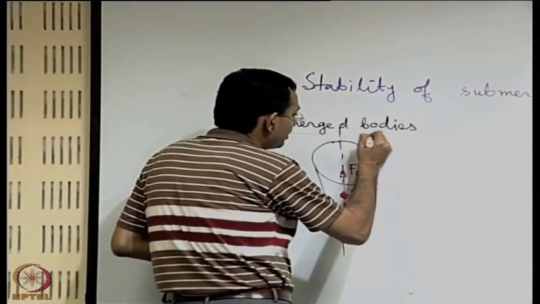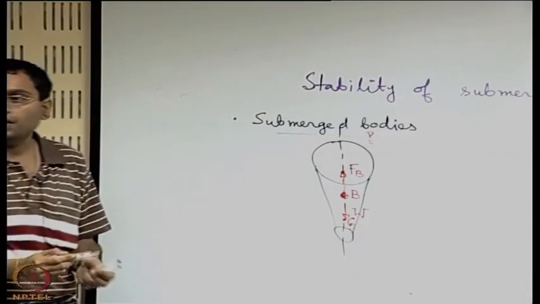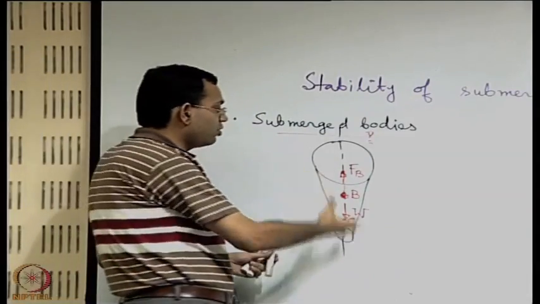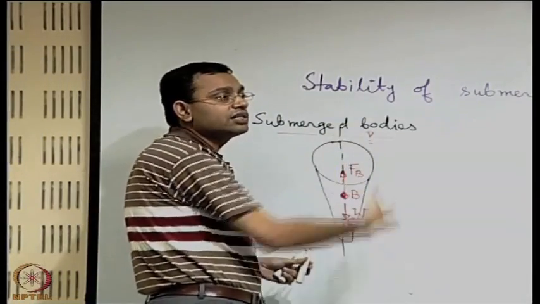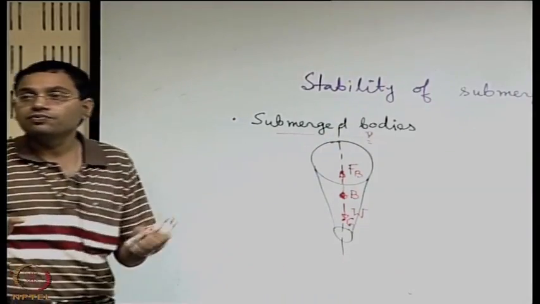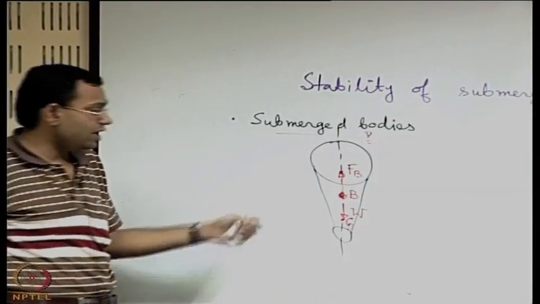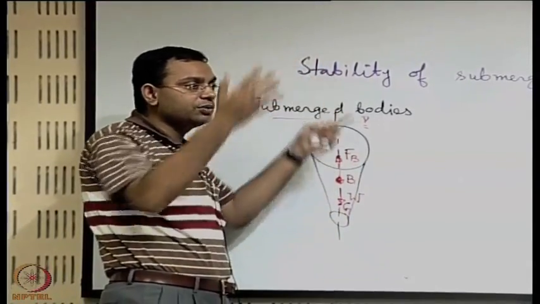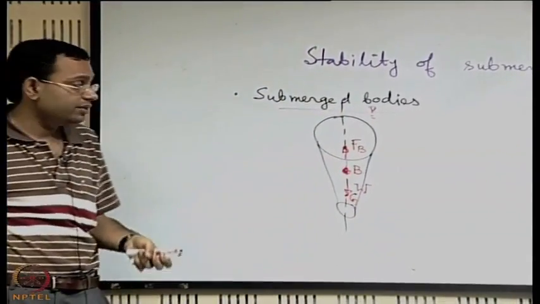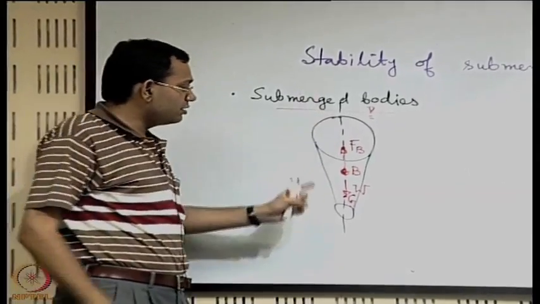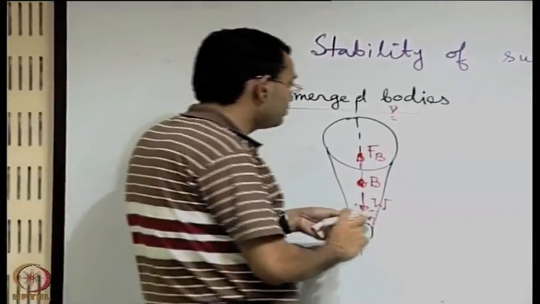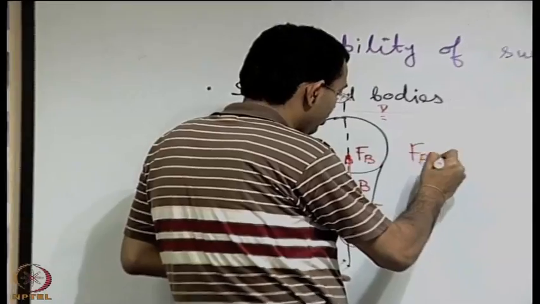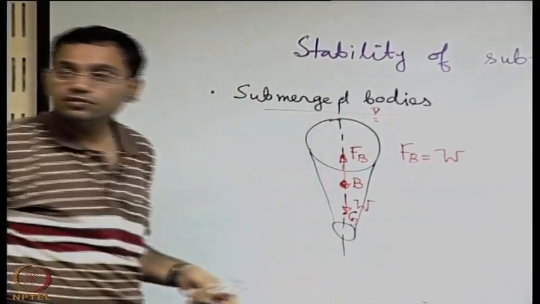B is the so-called center of buoyancy, that means the location of the centroid of the displaced volume. So it is fully a geometrical concept, whereas G depends on the distribution of mass over the body. So for equilibrium you have Fb equal to W, it is in equilibrium.